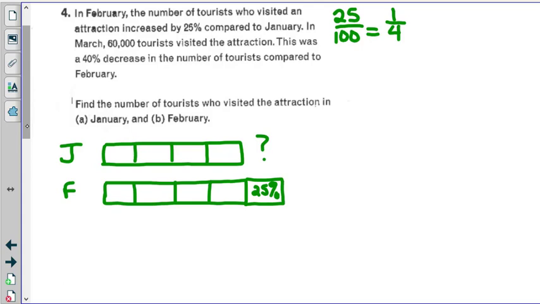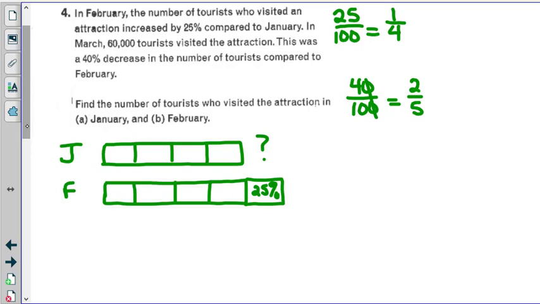In March, 60,000 tourists visited the attraction. This was a 40% decrease from February. Okay, 40%. Well, I can reduce that to 4/10 fairly easily. And that equals, when I divide by 2, 2/5. Well, isn't that nice?